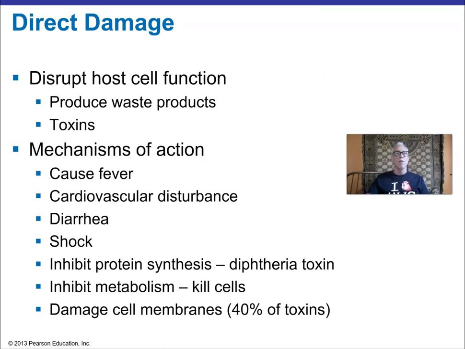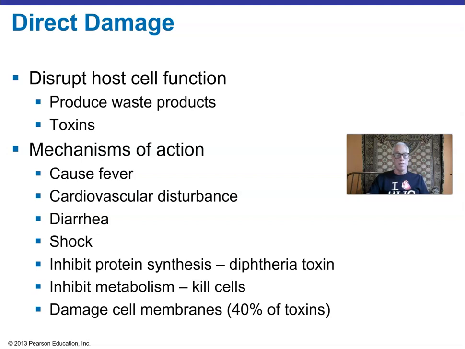All kinds of other things that microbes can do. They can disrupt host cell function, maybe by waste products or toxins. All kinds of toxins that are cell specific, as we'll learn in a little bit. They can cause fever, cause cardiovascular problems. Some microbes cause inhibition of the cardiovascular system when they get into the blood.